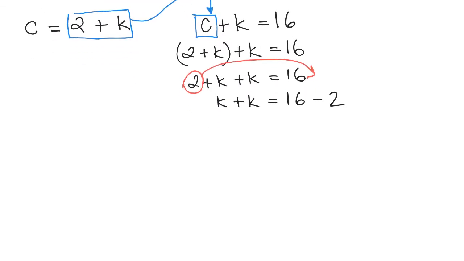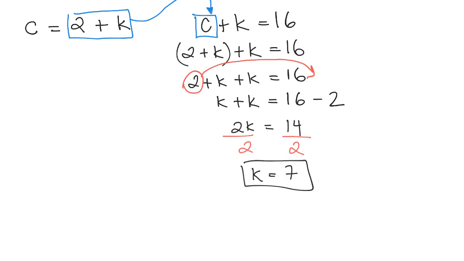If I now collect some like terms and simplify, K plus K is 2K. And 16 minus 2 is 14. So our final step to solve for K would be to divide both sides by 2. And so K would be equal to 7.